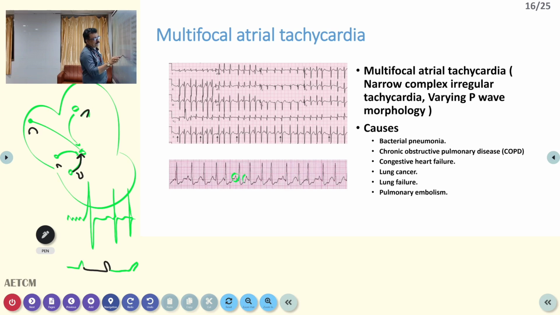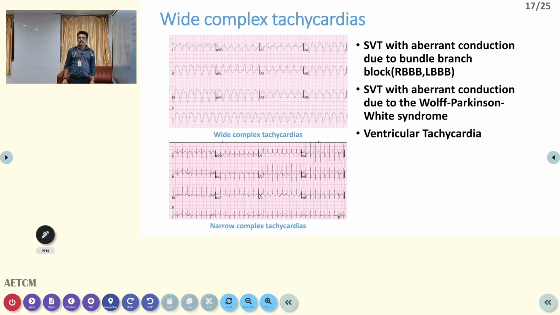This P is different from this P wave, and this is different from this P wave. Multifocal atrial tachycardia is mostly due to hypoxemia. Any condition which produces hypoxemia can give you multifocal atrial tachycardia. Here tachycardia is there, with slightly irregular QRS complexes, but P waves are present and their morphologies are different. So that is multifocal atrial tachycardia.